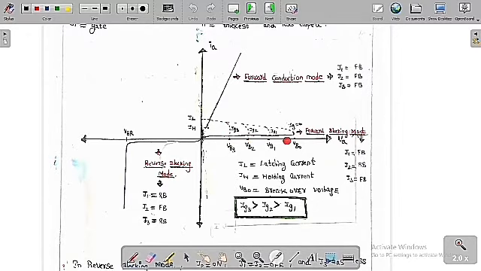But after the breakdown voltage of junction J2, the current is going to flow with a minimum voltage drop.